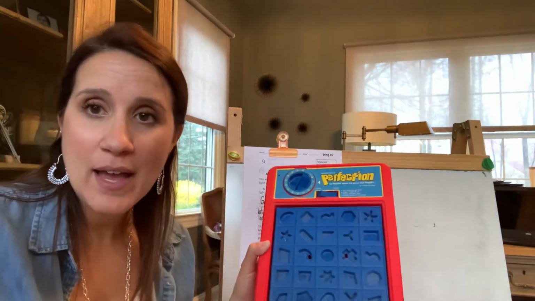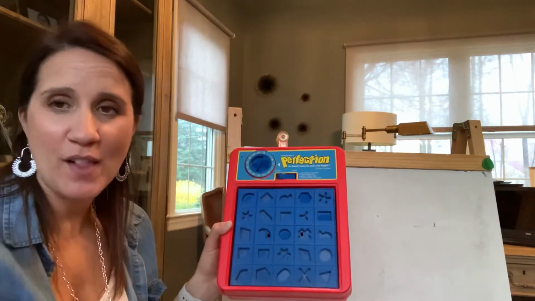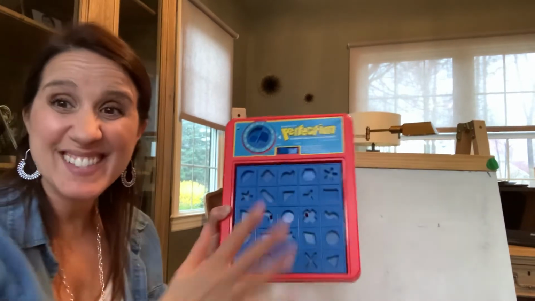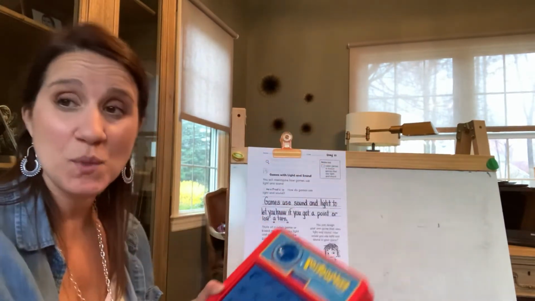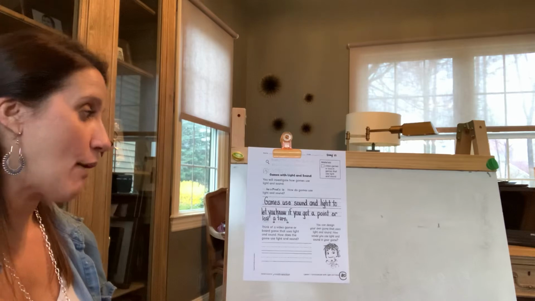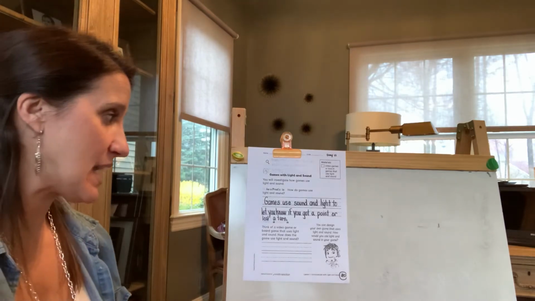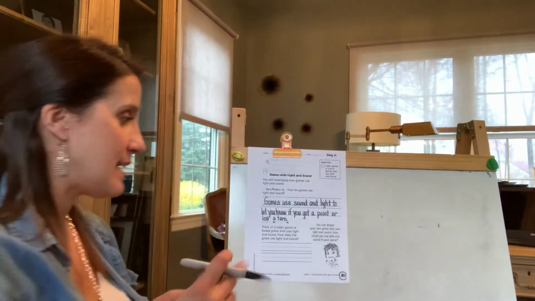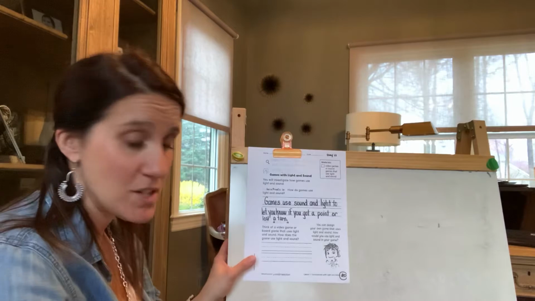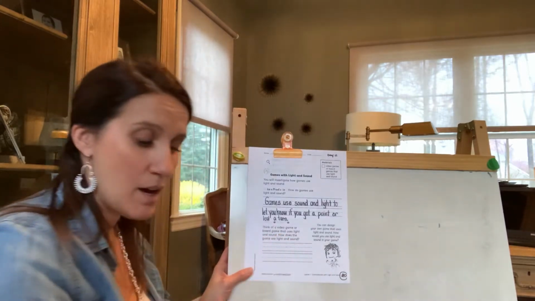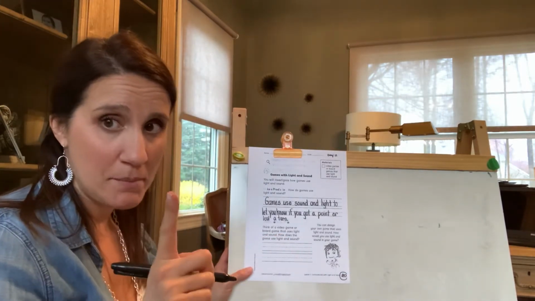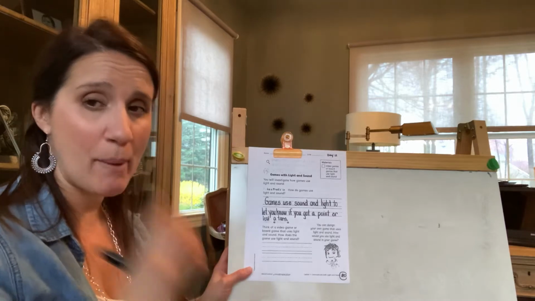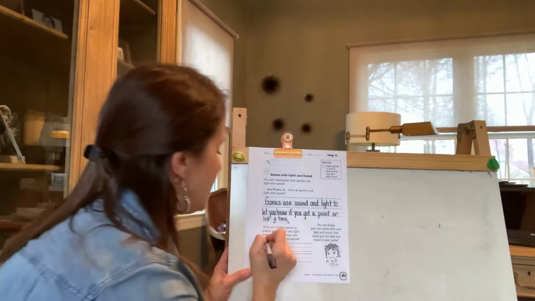Did you hear that? It made a big popping sound and everything went flying all around. So this one uses sound, right? Now, you guys have to think of a board game that uses light and sound. So how does a game use light and sound? The game that I'm talking about uses a timer, right? The timer makes a sound, and then it makes a pop when the time is up. So let me see.